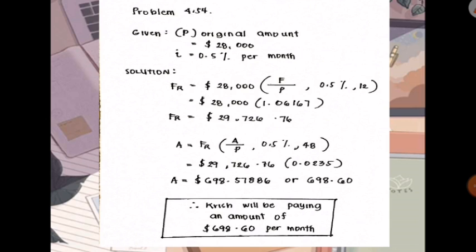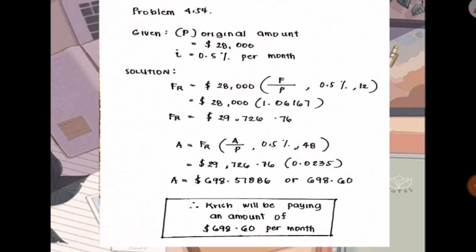So, solution. F is equal to $28,000, quantity F over P, 0.5%, the interest rate, and the N is 12. So, it is equal to $28,000, quantity 1.06167. So, F is equal to $29,726.76. So, A is equal to F, quantity A over P, the interest rate of 0.5, and 48.